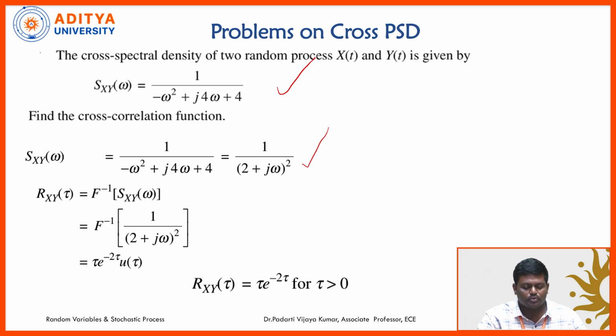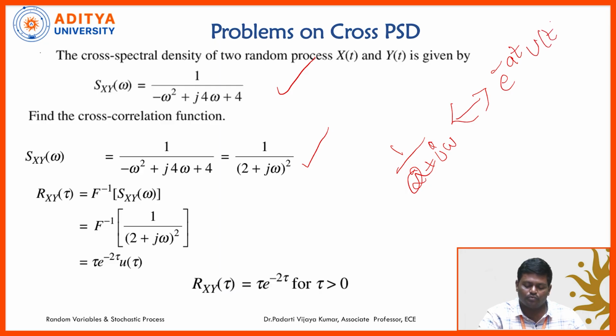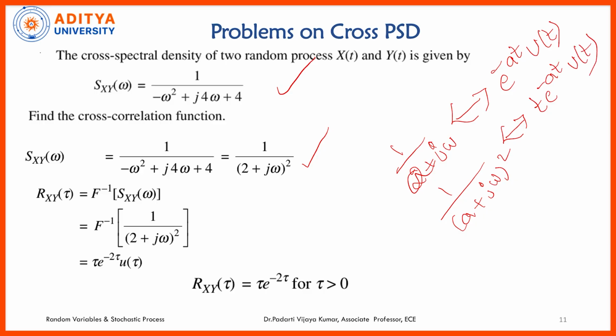Now we need to compute the inverse Fourier transform to compute the cross correlation function. So for 1 by 2 plus j omega, or 1 by a plus j omega, the inverse Fourier transform is e power minus at u of t. If it is 1 by a plus j omega whole square, the inverse Fourier transform is t into e power minus at u of t. Okay.